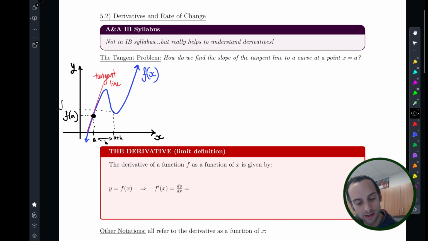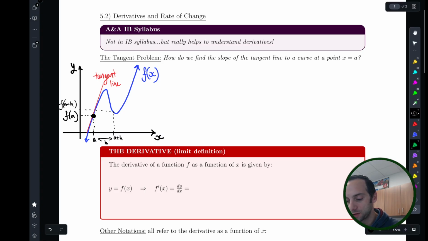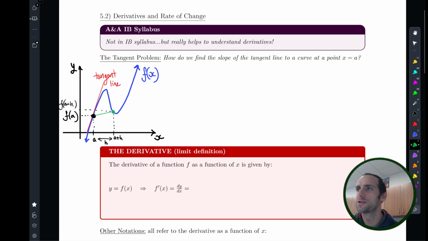And we know that point also has a y value, which would be f of A plus h. We can do a secant line between these 2 points, so we can take these 2 points and connect them with a chord. And then we can use our gradient formula to find the slope of that secant line, that green line right here. This green line, this is what we're calling the secant line.